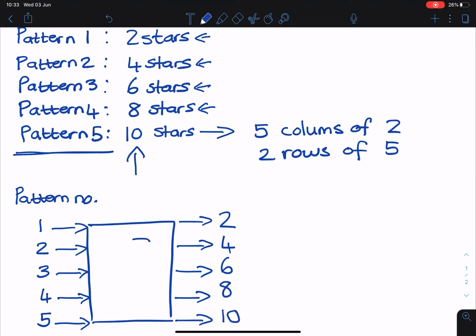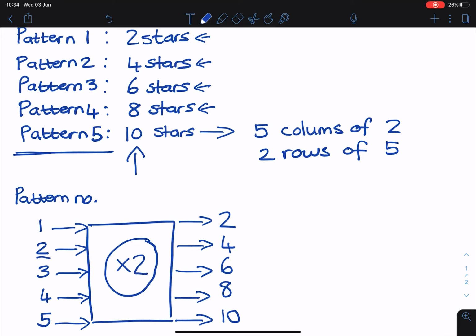Now we need to fill in the rule. What did we do to each pattern number to get the answer on the other side? Well, if you look at what we're counting in 2s. 2, 4, 6, 8, 10. So pattern 1, we multiplied by 2 to get 2.